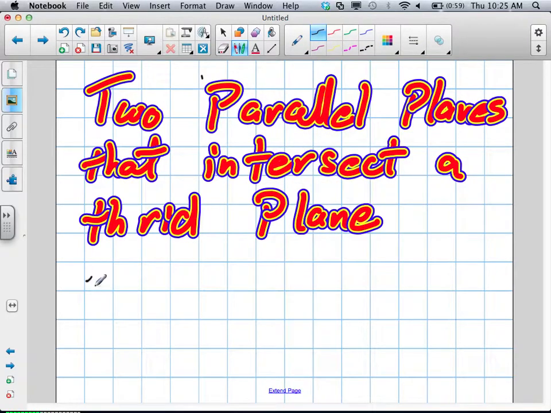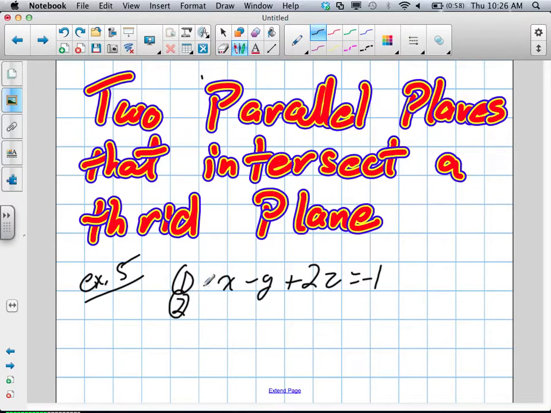So, they've given us this example 5 in your book here. The equations are, our first plane is x minus y plus 2z is equal to negative 1. X minus y plus 2z is equal to 3. And then finally, our third plane is x minus 3y plus z equals 0.